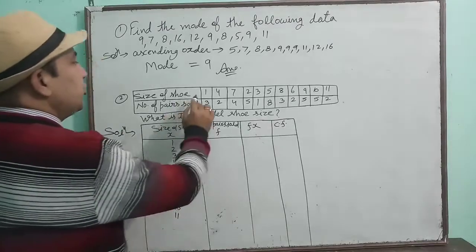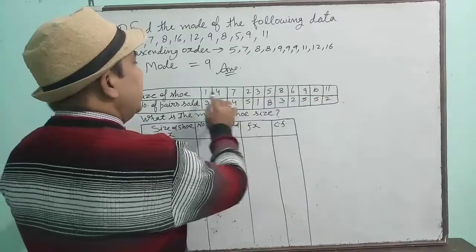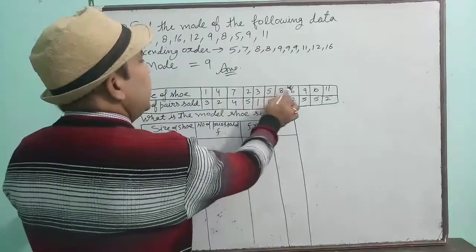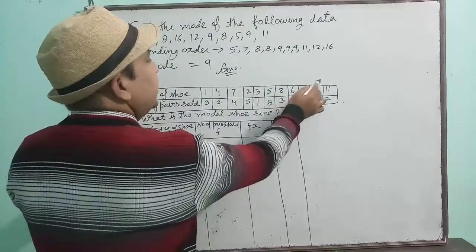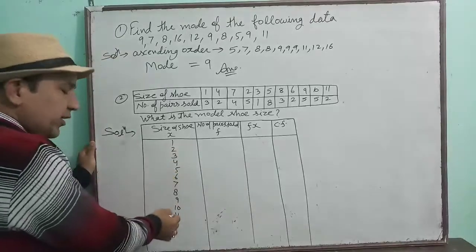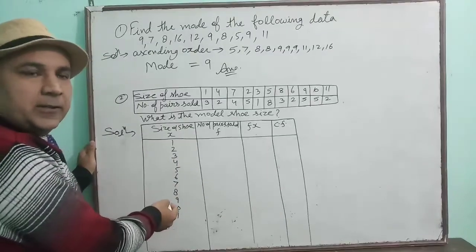See here, the total sizes of shoes are 11: 1, 2, 3, 4, 5, 6, 7, 8, 9, 10 and 11. So I have written 1 to 11 in ascending order. Now write the frequency.